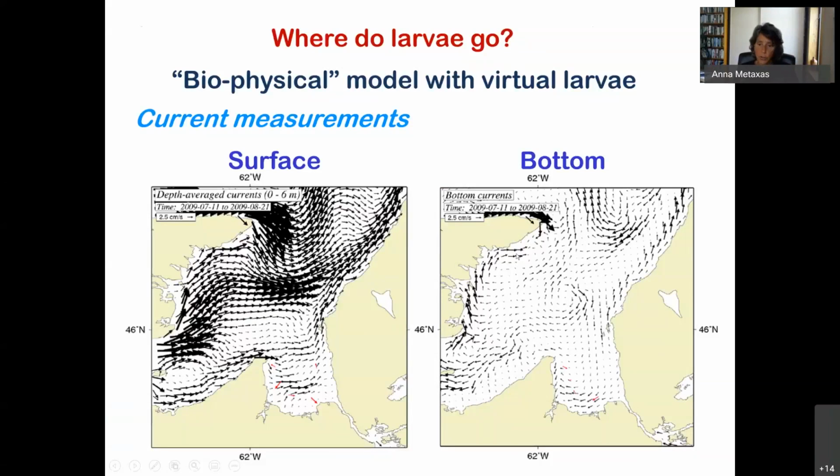The arrows differ in magnitude because currents are faster at the surface than at depth, 200 meters. So if a larva is at the surface, it will go to different places than if it's at the bottom. What you do is use those currents, release virtual larvae in this field, and follow where those larvae end up. This is how you can get an idea of where larvae go.